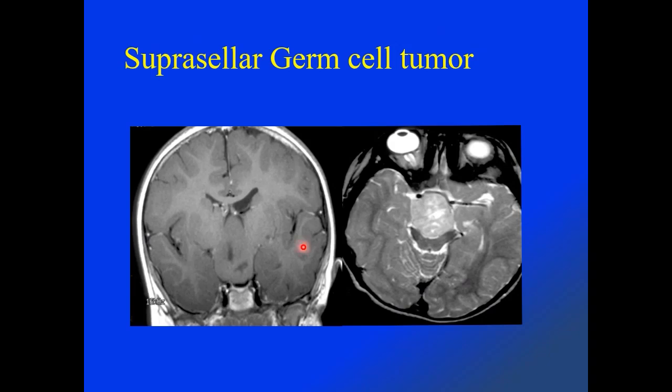Coronal T1 weighted image without contrast demonstrates predominantly isointense suprasellar mass in this child, with T2 weighted axial image demonstrating slightly hyperintense mass with irregular areas of hyperintensity, possibly representing areas of cystic changes, with posterior extension into the interpeduncular cistern, which is prominently enlarged, with compression of the anterior aspect of midbrain.